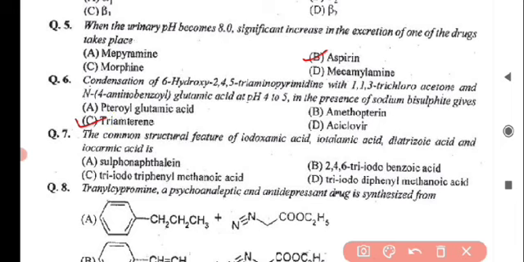Next question is the common structural feature of iodoxamic acid, iothalamic acid, diatrizoic acid and iocarmic acid is, and the correct answer is option number B, that is 2,4,6-triiodobenzoic acid.